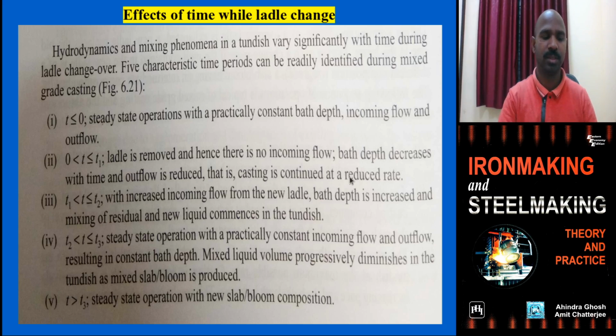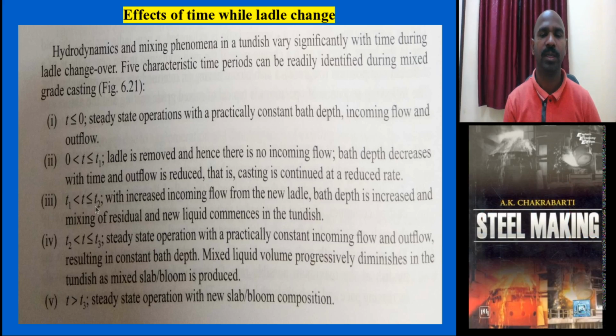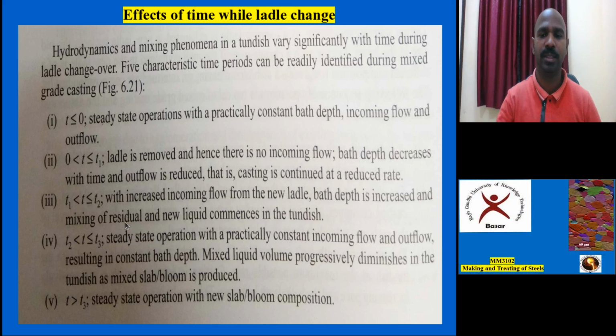So there will be a decrease in the tundish height. When the new ladle is taken at T1, the incoming flow from the new ladle increases, bath depth increases, and that particular time gap is covered.